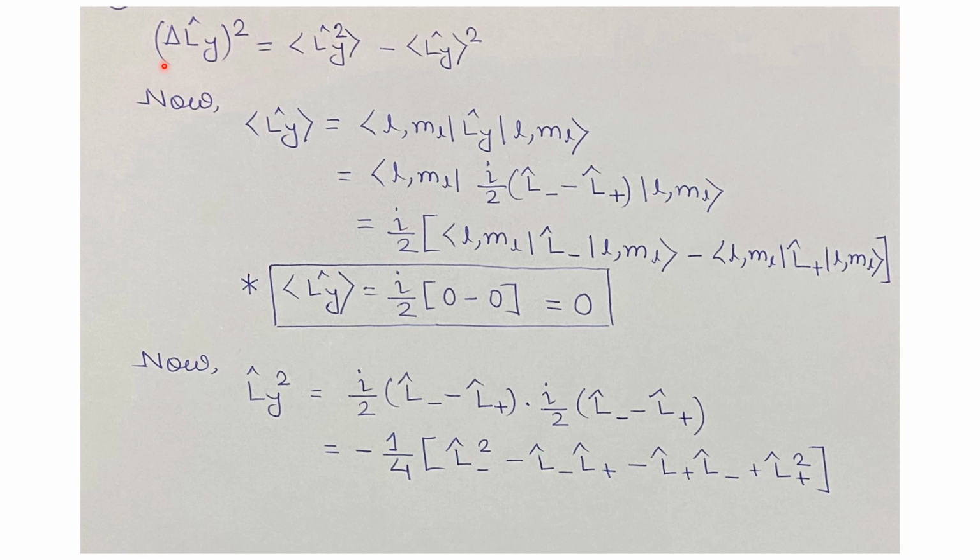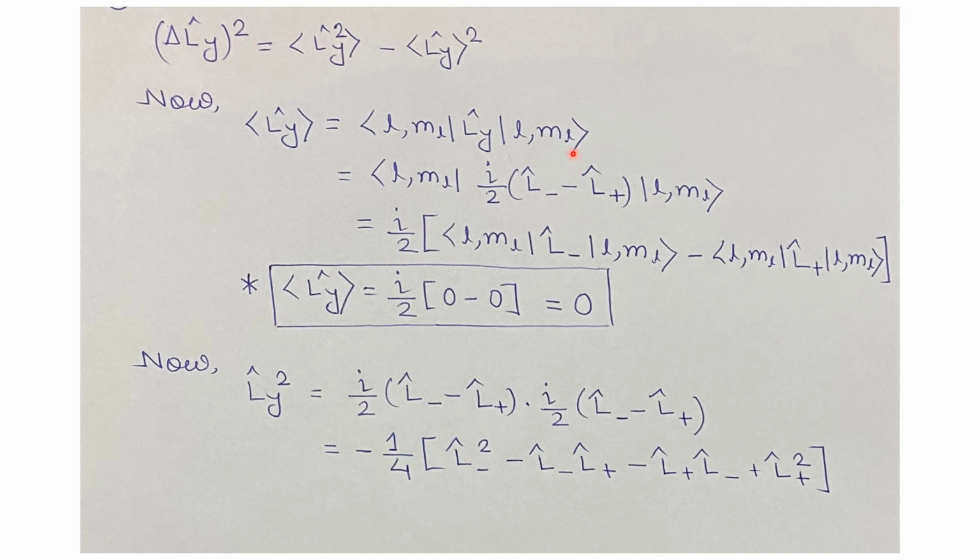Now we have to find this quantity, that is (ΔLy cap) whole square. So this means basically the expectation value of Ly cap square minus the expectation value of Ly cap whole square. Now we will find this expectation value of Ly cap. So this means Ly cap is sandwiched between this same state, that is |l, ml>.